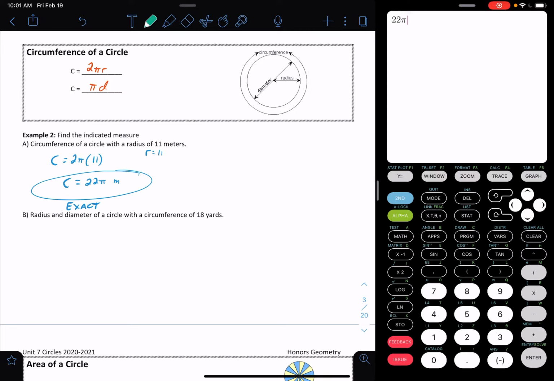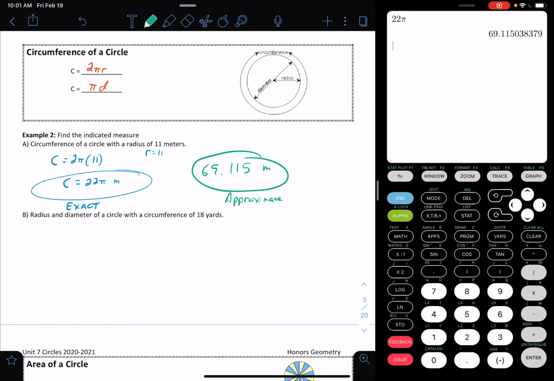You've got a calculator, so you need to use the pi function, or the pi button. 22 pi, that's going to be 69.115 if I round to the nearest thousandths, meters. So 69.115 meters. This is the approximate answer because I used my calculator and I had to round my answer.